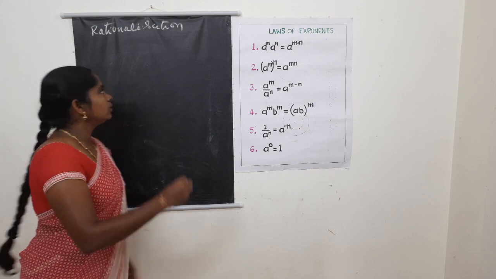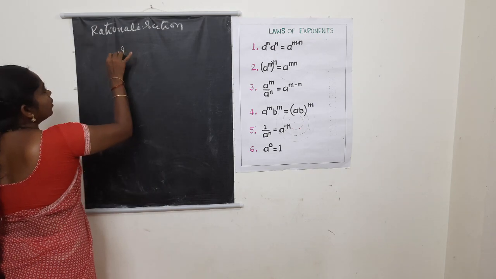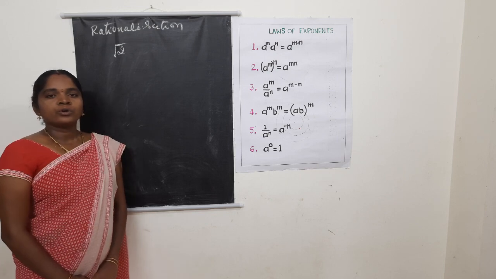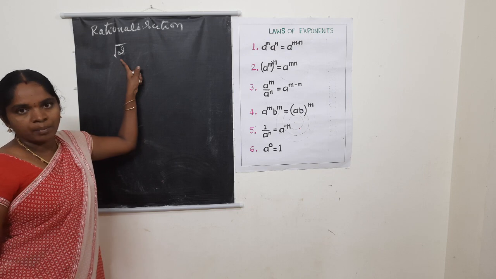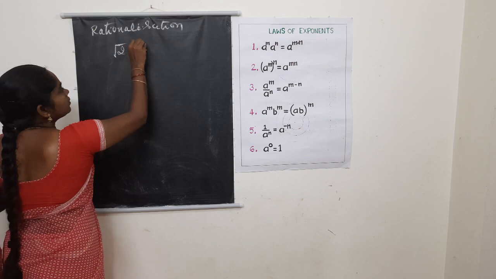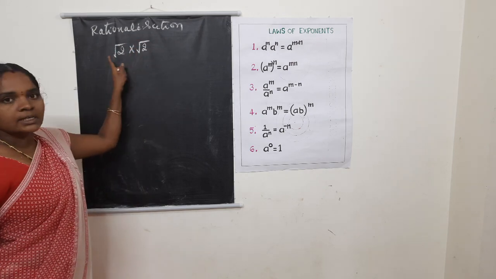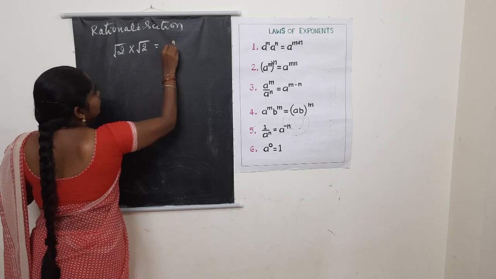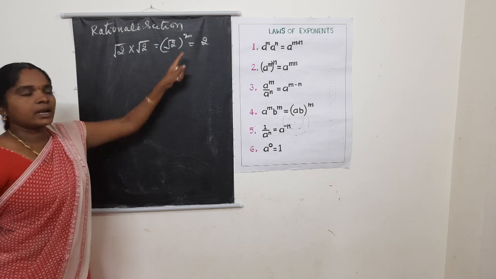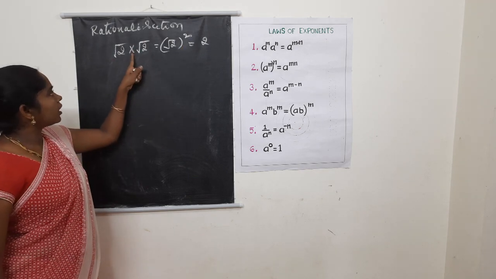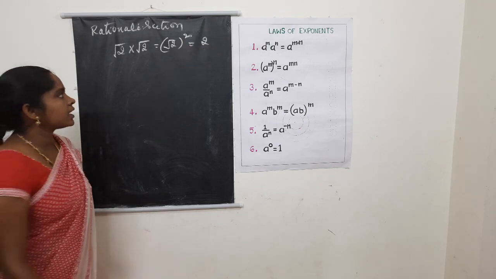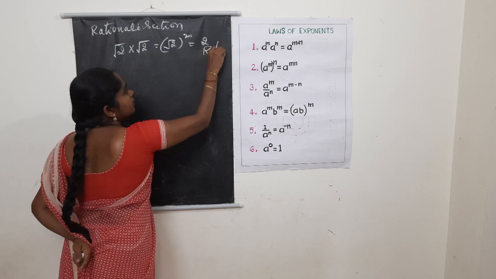For example, root 2 is an irrational number. So we need to multiply with the same number. So the product of two irrational numbers is a rational number. 2 is a rational number.